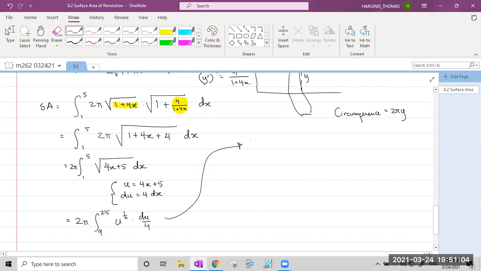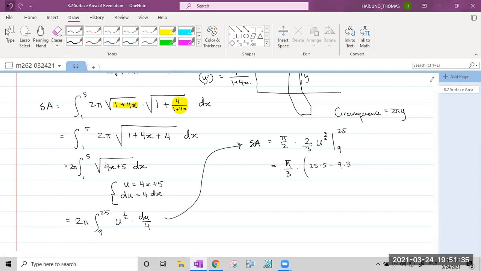So the surface area will be pi over 2 times 2 over 3 u to the power of 3/2 from 9 to 25. That's pi over 3 times 25 times 5 minus 9 times 3.